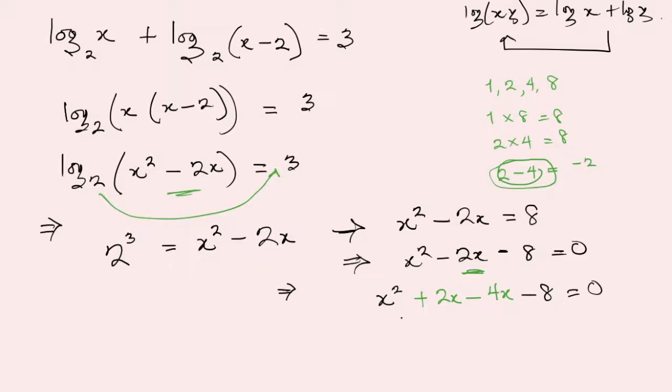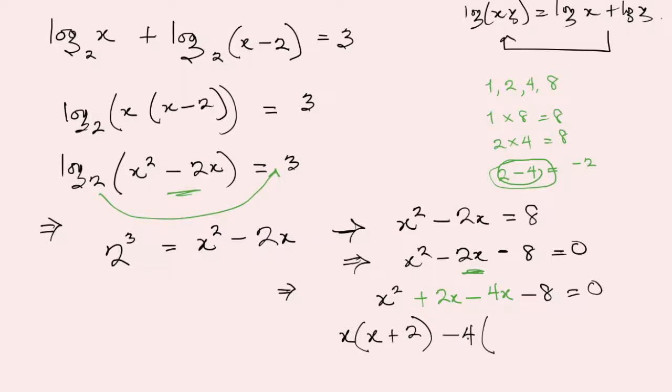And then we factorize this. The common factor between x squared and 2x is x. So this would be x, where x squared divided by x is x, plus 2x divided by x is 2. Then the common factor between minus 4x and minus 8 is minus 4.